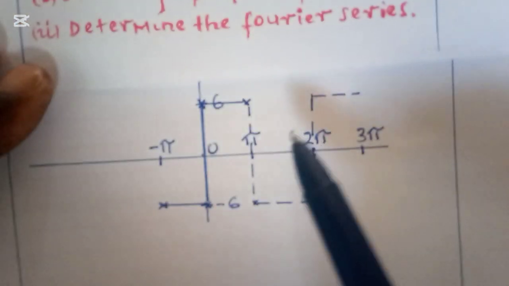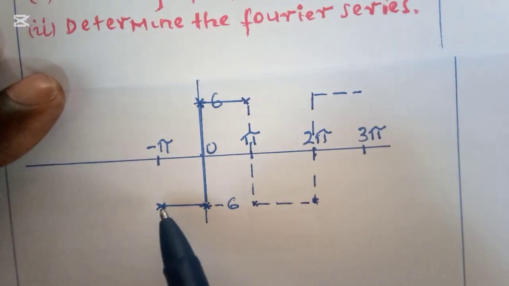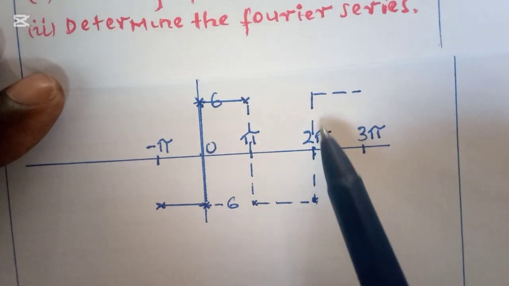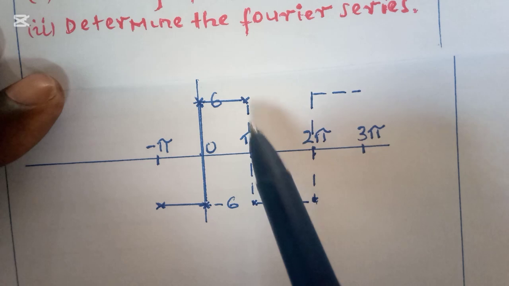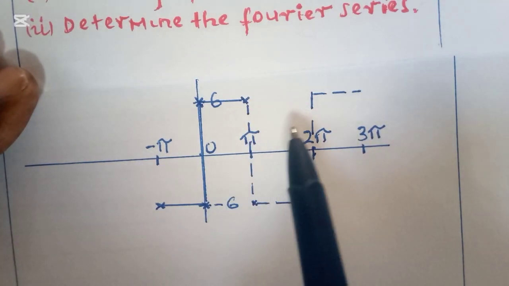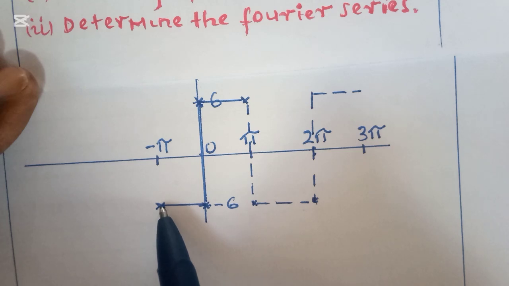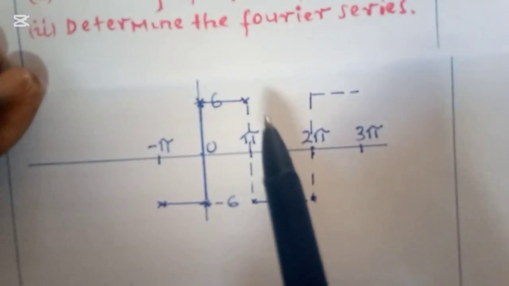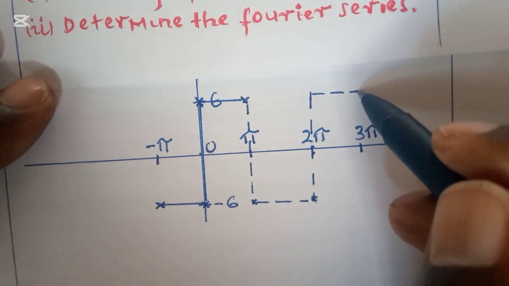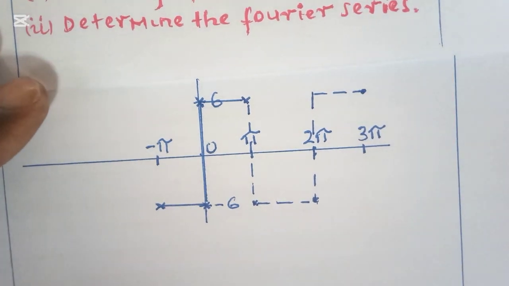This is what I have added, because this one is 1, then another one will start from here and move just like this. And so we connect there. These are the 2 periods: one period is from there to there, another period is from here to here.